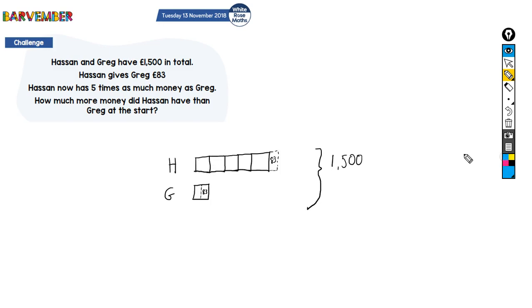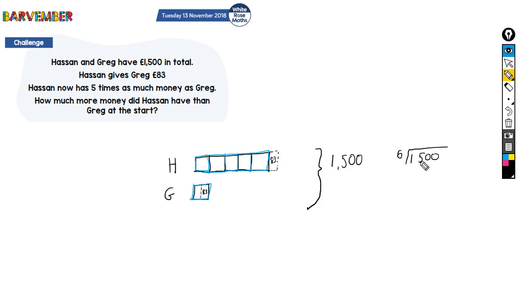Because at the end we've got all these equal parts. So if we have 1,500 divided by 1, 2, 3, 4, 5, 6, we're going to divide that by 6.